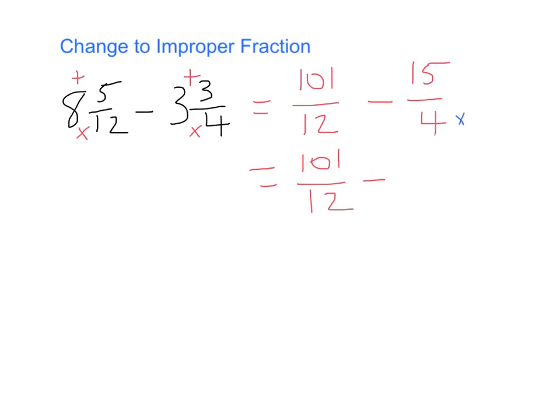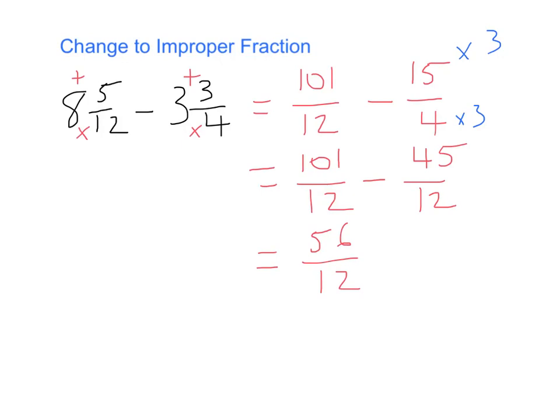So 4 times 3 is 12, so therefore we have to multiply the numerator by 3 to get twelfths. Alright, so 3 15s are 45. Then we just subtract 45 from 101, which is 56.